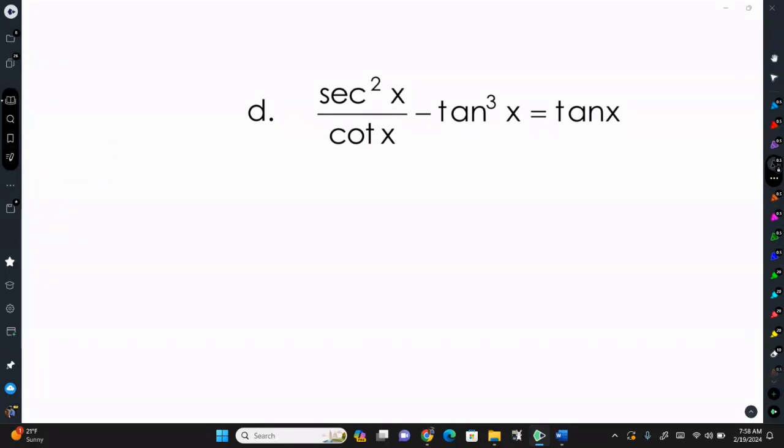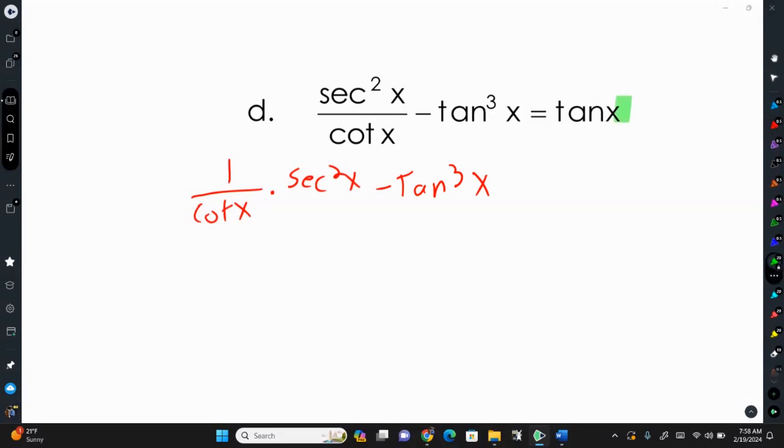So I'm going to rewrite this. 1 over cotangent is the same as tangent. I'm not really going to switch these to sines and cosines because I know in the end I want just tangent. So 1 over cotangent is tangent. So tangent x.